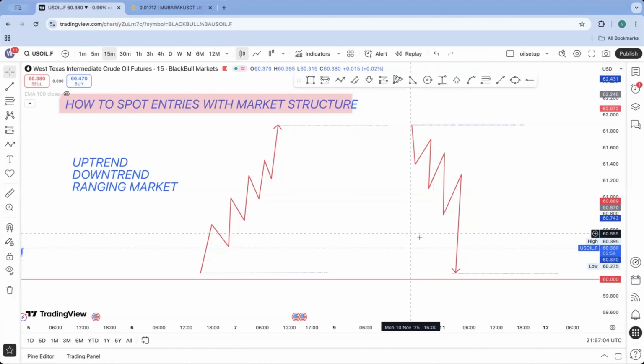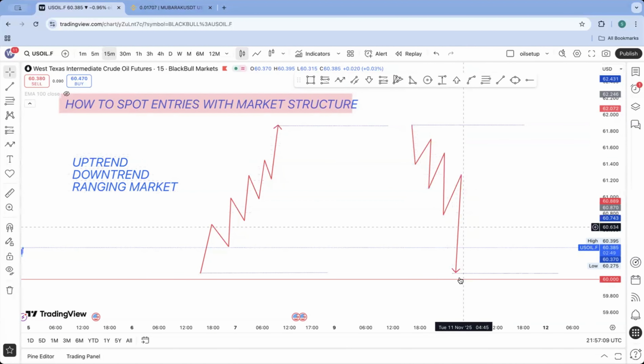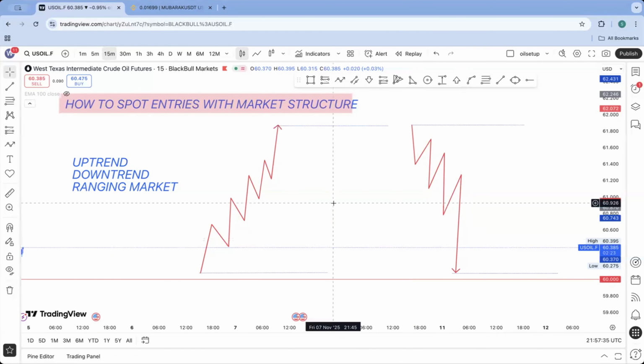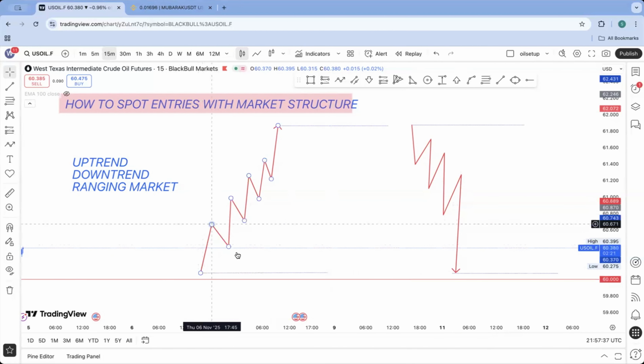All right. So once you're able to spot them, you take your entries in the direction of the trend. And the reason why we want to follow market structure is that if we are in an uptrend and we see market going up, down, going up, down, when we take our entry, we expect markets to go further up so we can also make some money. So let's say market is trending at $1 and you buy at $1.